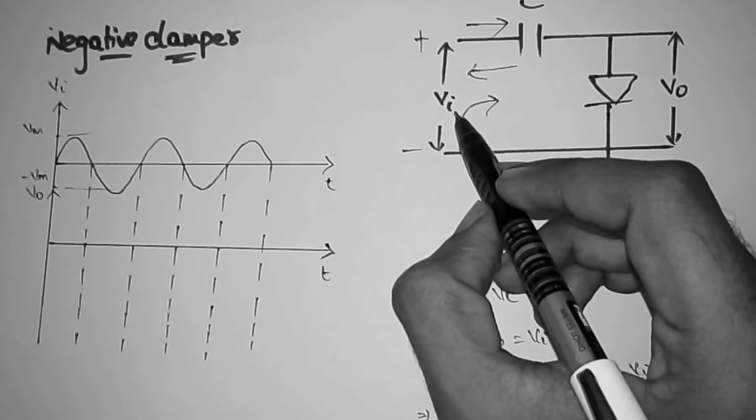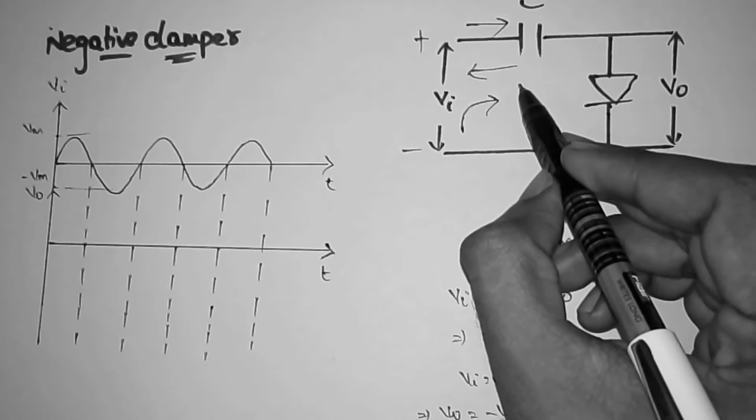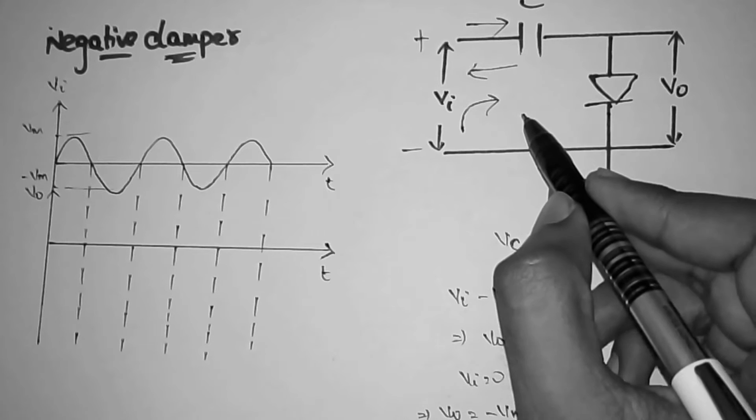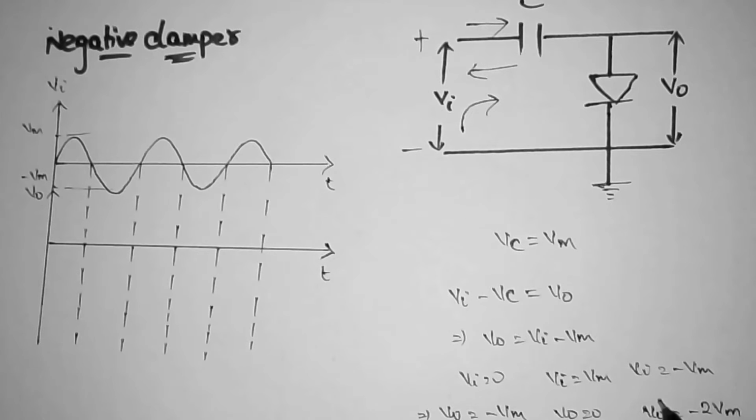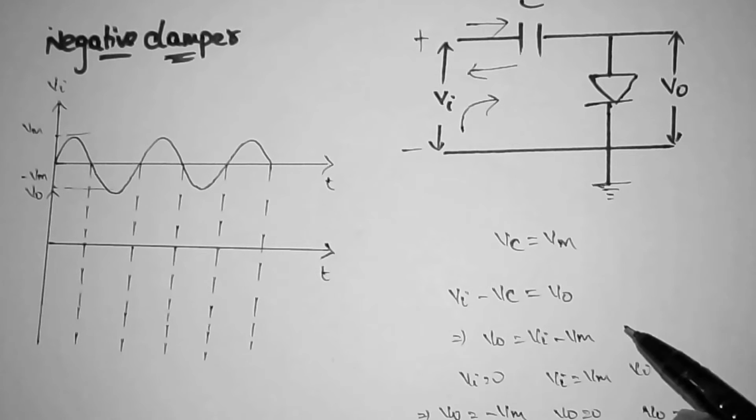At this moment, the input voltage and the capacitor voltage are in opposite directions. So for the positive half cycle, that is when Vi equals 0 or plus Vm, the output voltage is reduced, that is either to minus Vm or to 0.